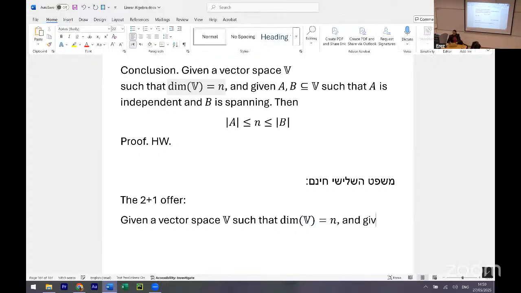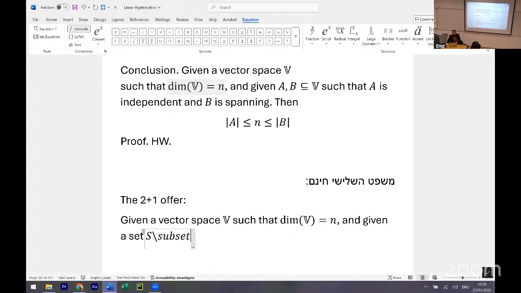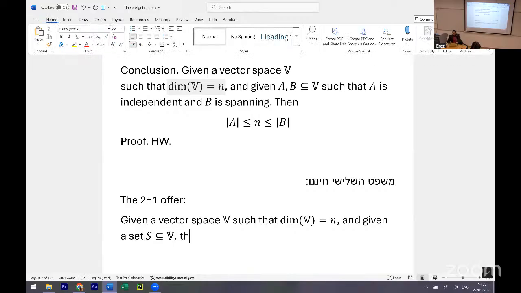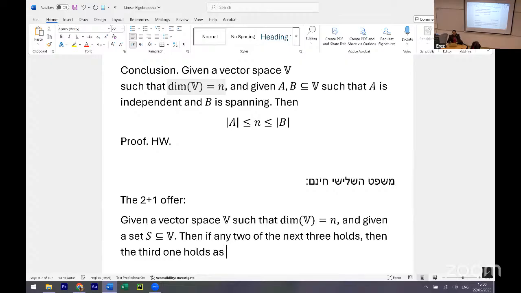And given a set S contained within V, then if any two of the next three hold, then the third one holds as well.